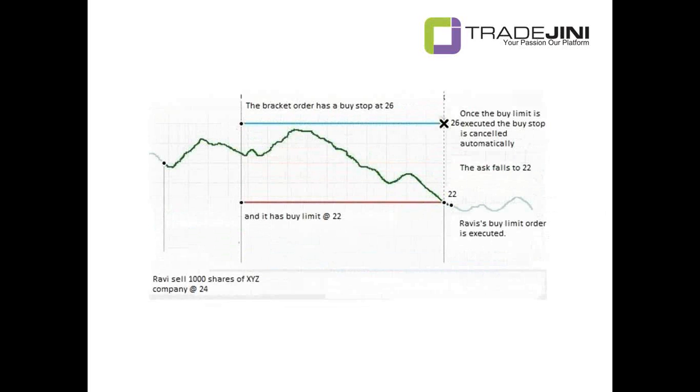So a buy stop loss, and it has a buy limit. The objective of this buy limit is to book the profits. Once the buy limit is executed at 22, this buy stop will be automatically cancelled. In this way, when one order is executed, the other gets cancelled automatically.